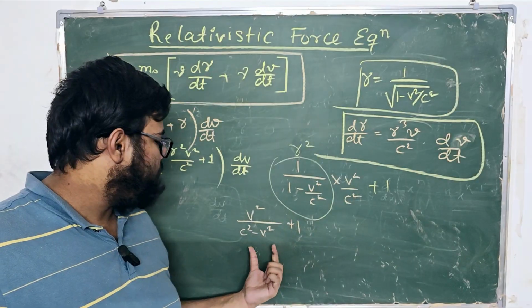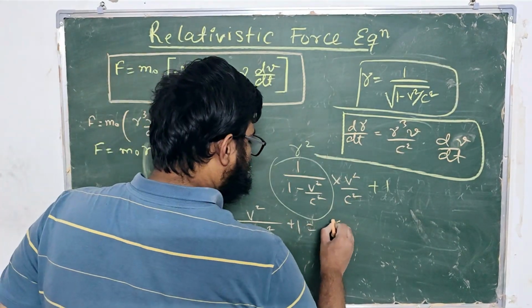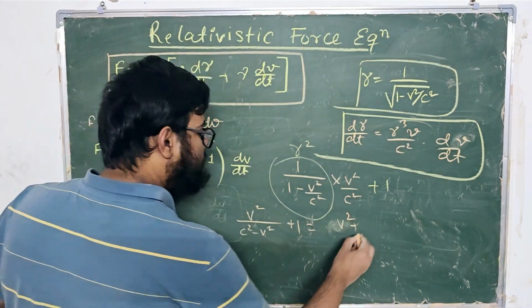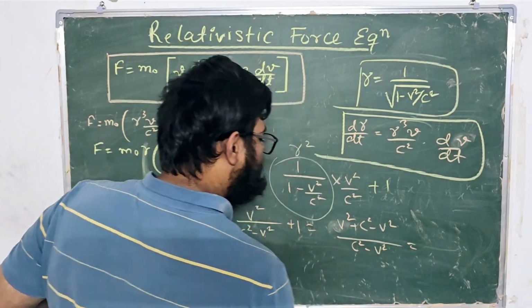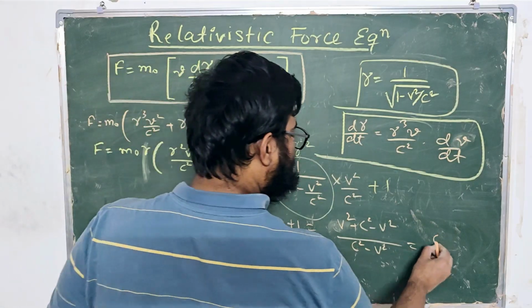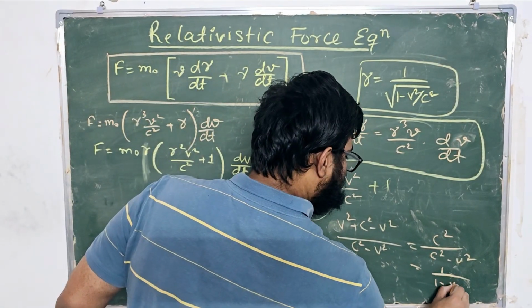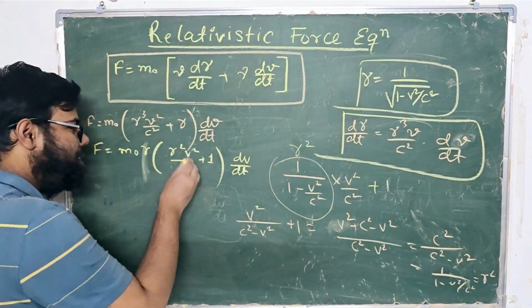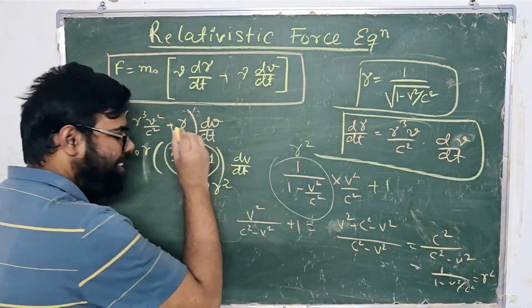So you will get v square by c square minus v square, and now you solve it, you will get v square plus c square minus v square divided by c square minus v square. It is clearly equal to c square by c square minus v square, which is equal to 1 by 1 minus v square by c square, which is gamma square. So actually this term is gamma square.